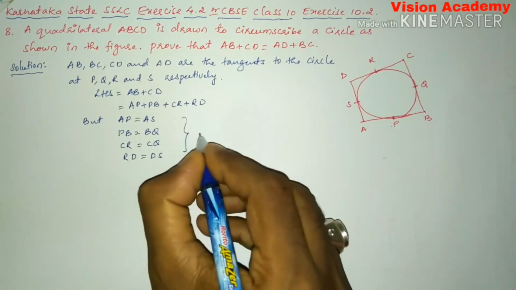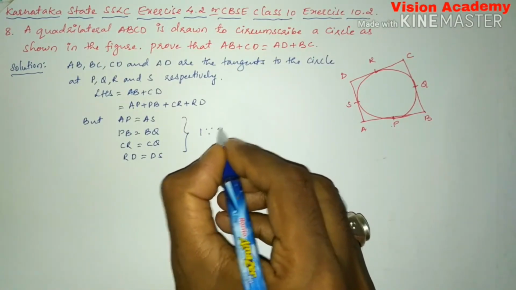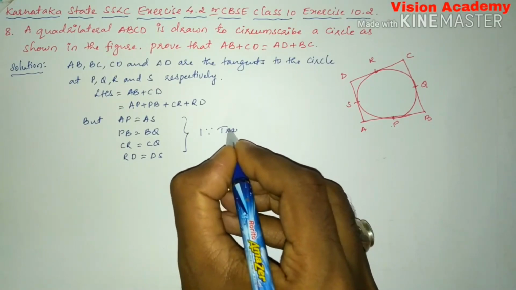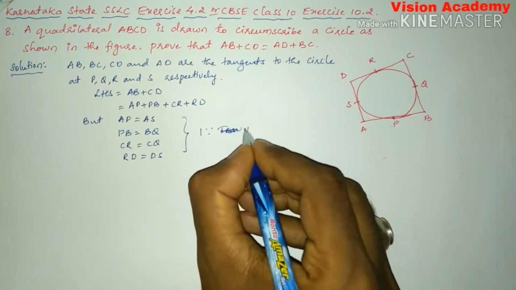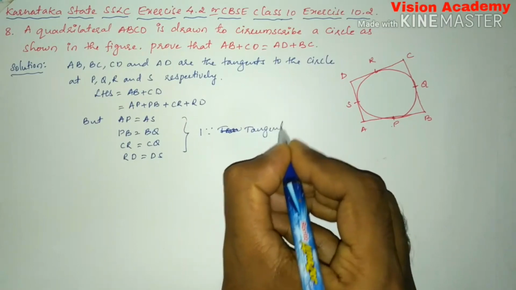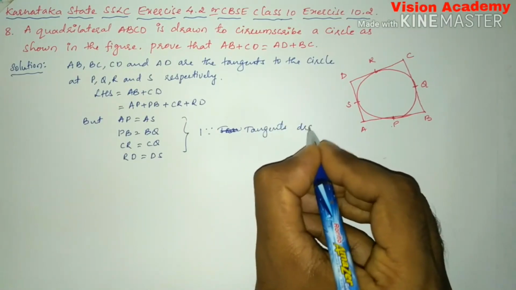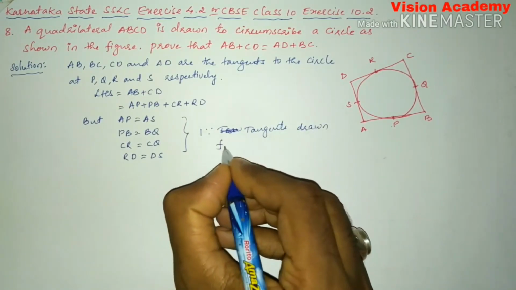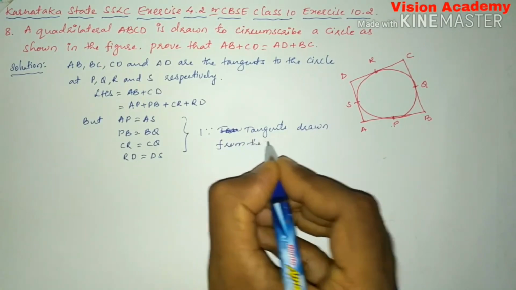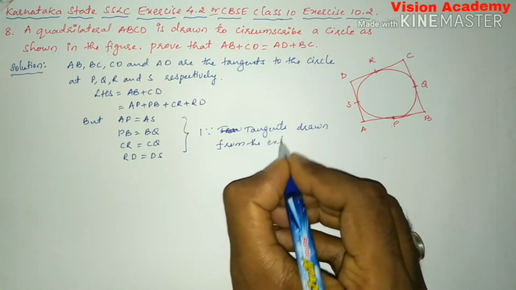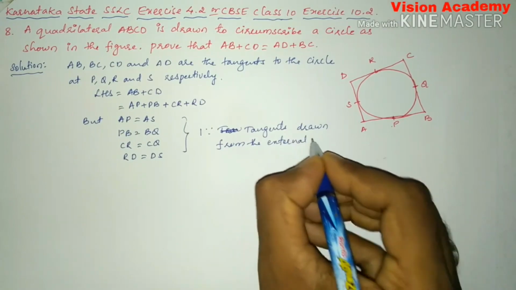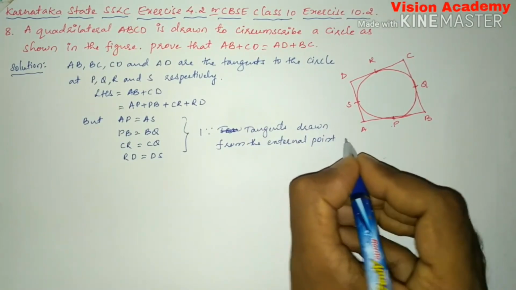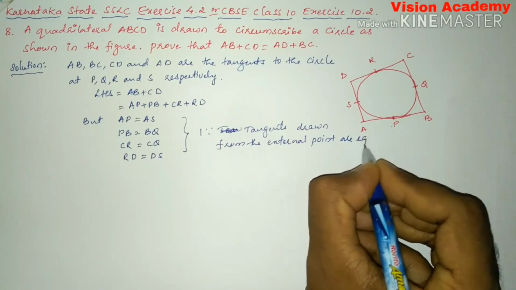It is just because tangents drawn from the external point are equal.